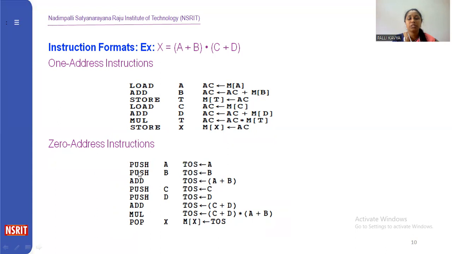Push is nothing but inserting an element into a stack. After pushing A, we push B. After that, we perform the addition between A and B, so we give add. What happens is that the top two elements of the stack are added automatically. Then we push C, the result of A plus B. Likewise, we perform this operation using the zero address instruction.